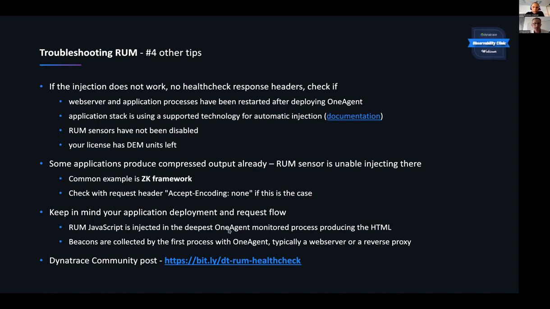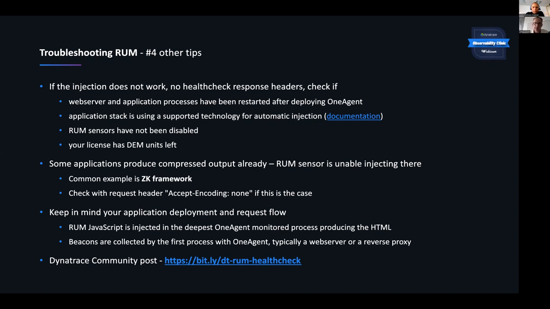Also keep your deployment and the request flow in mind. That means you typically have multiple components in your path. A typical web application consists of multiple layers, some web servers, maybe some application servers, and the RUM JavaScript is injected on the deepest monitored process.